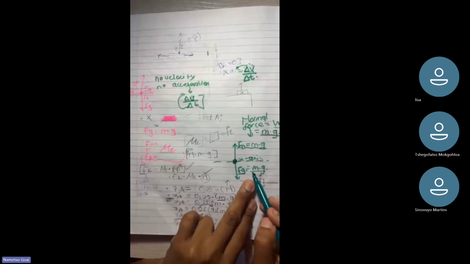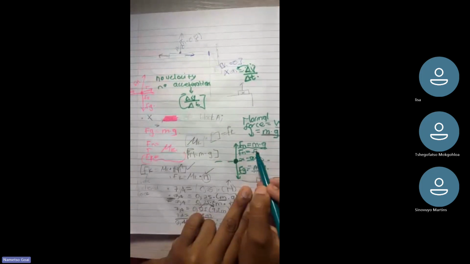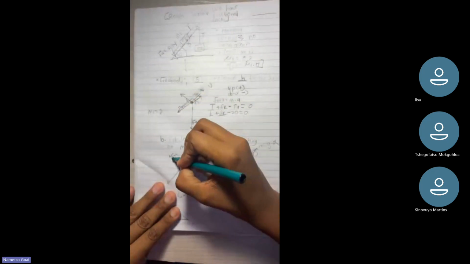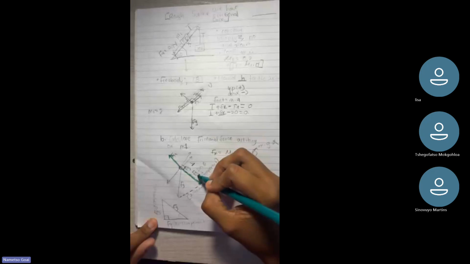And we just said Fn equals m dot g, because Fn equals Fg since they're opposite. So here we managed to get something that is opposite to our Fn, which is the y component of Fg. How do you get the y component of Fg? By saying Fg sine theta.